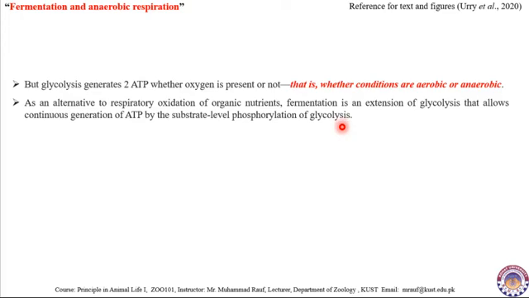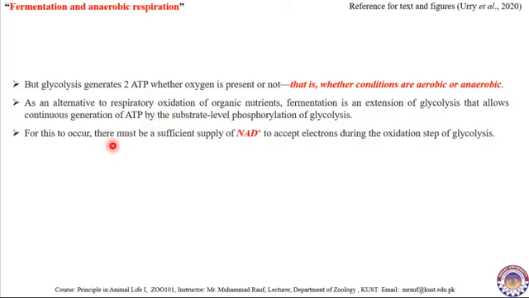Now, if the oxygen is not there as the final acceptor of electrons, it means the electron transport chain will not take place, and the NADH molecules will be occupied with the electrons. So there must be some other alternative where those NADH molecules can get rid of their electrons and return back and participate in the glycolysis. So this fermentation process is important for the survival of the glycolytic pathway.